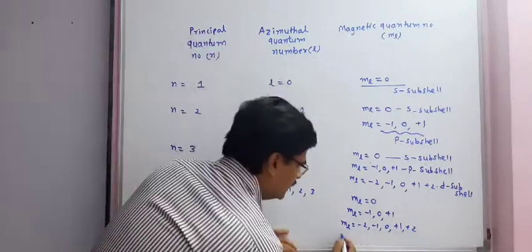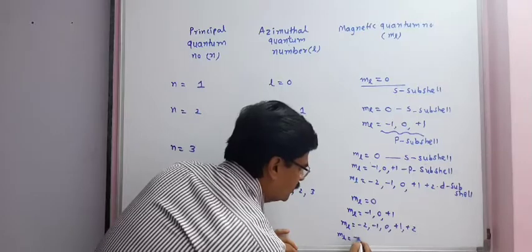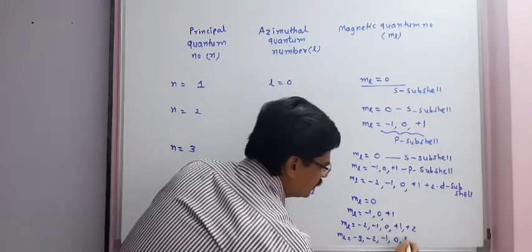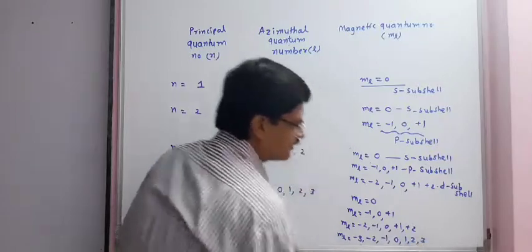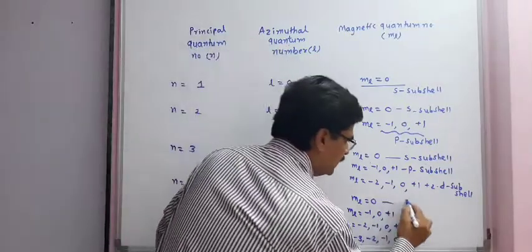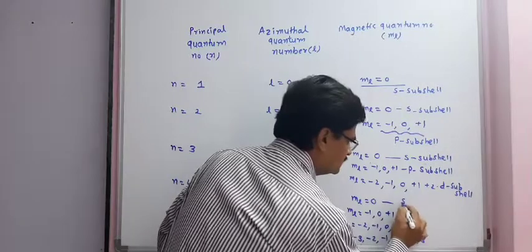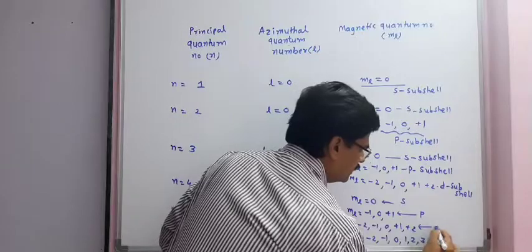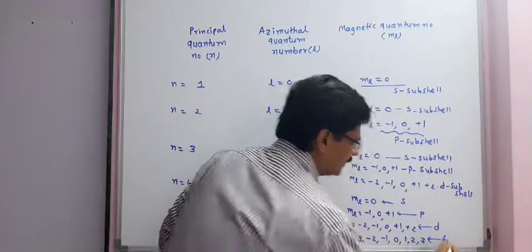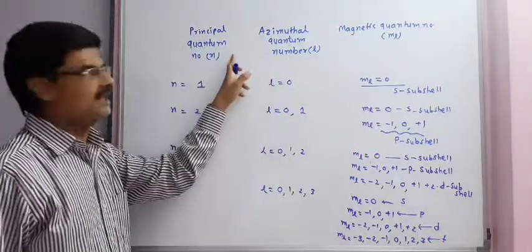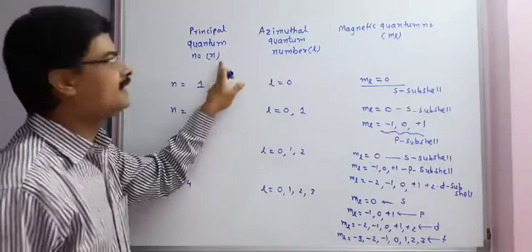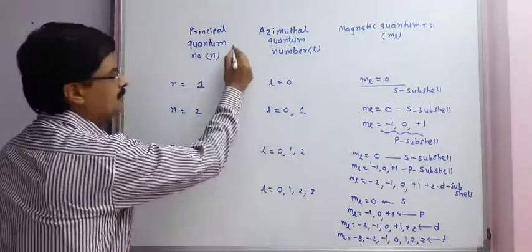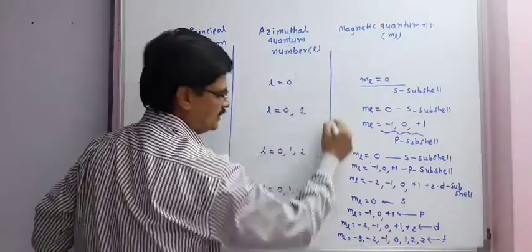And for 3, ml is equal to -3, -2, -1, 0, +1, +2 and +3. So again this is for S, this is for P, D and this is for F. So simply we can understand the principal quantum number, azimuthal quantum number and magnetic quantum number by this table formation.